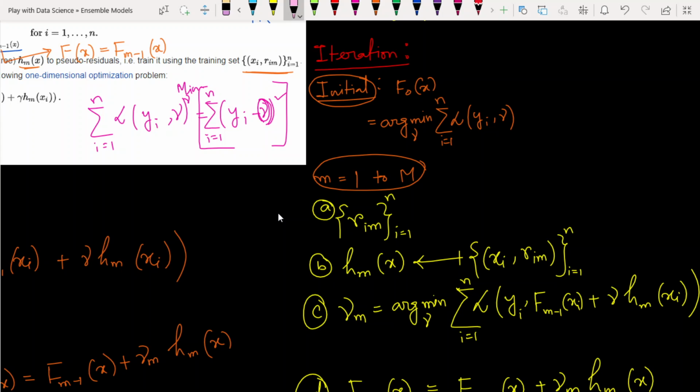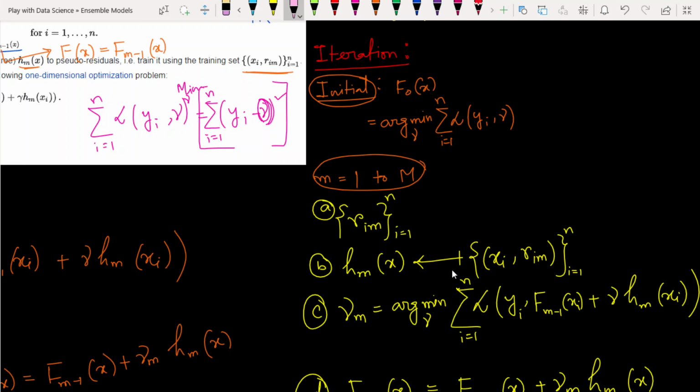In the first substage of these iterations, we find the pseudo residual value for each data point. After that, using the pseudo residuals and data points, we build our base learner model h_m(x).